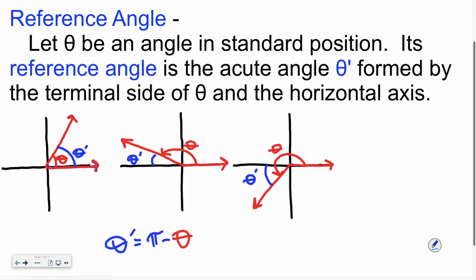What did we rotate past pi or 180 degrees to get to that terminal side? If I wanted to calculate the measurement, what would we do with that red angle?